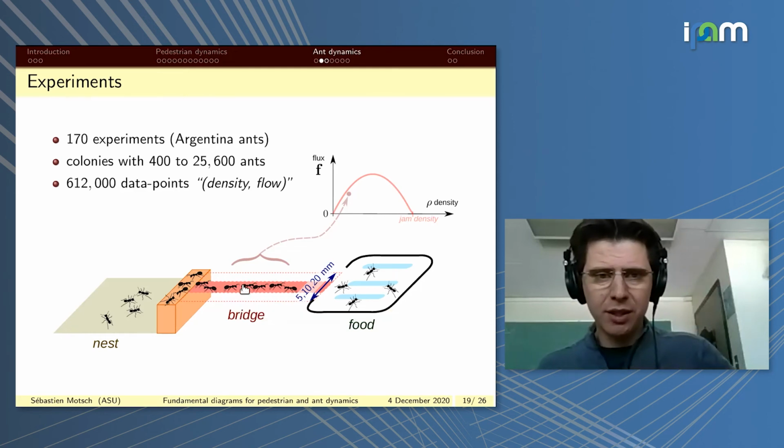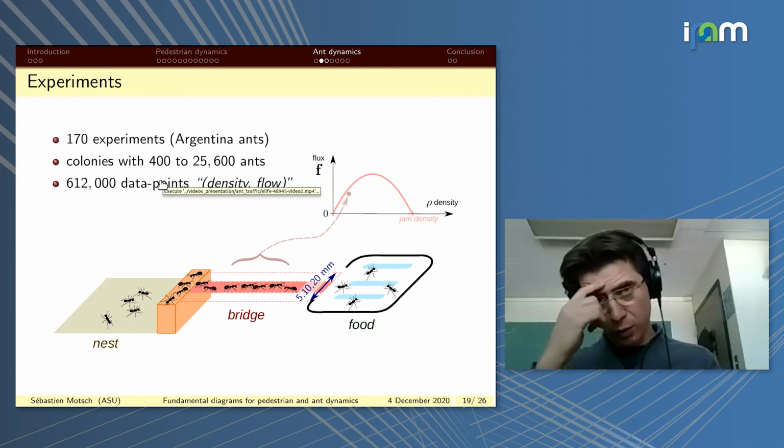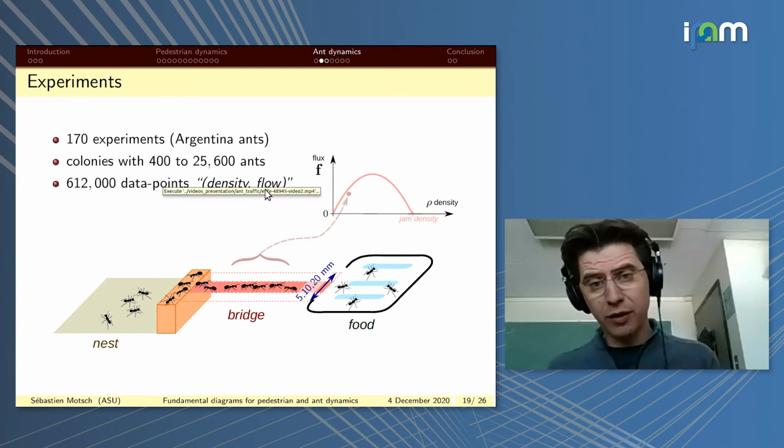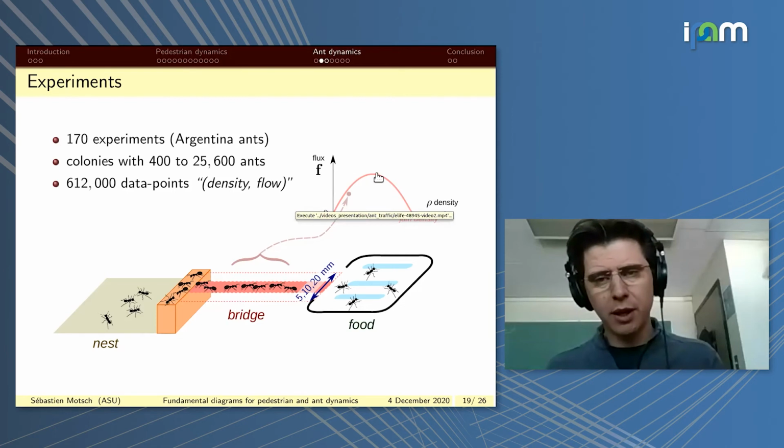Combining all the experiments, we end up with roughly 500,000 density-flow points. So we have a lot of points, but they are not necessarily distributed uniformly. I'm going to show you in the next slide.